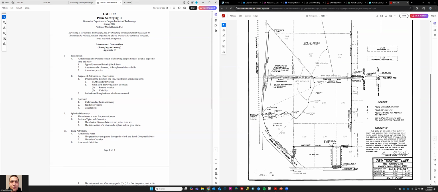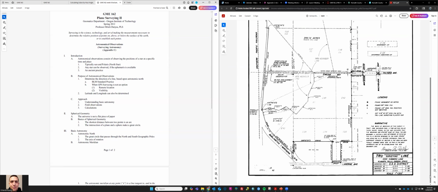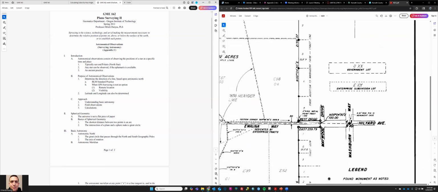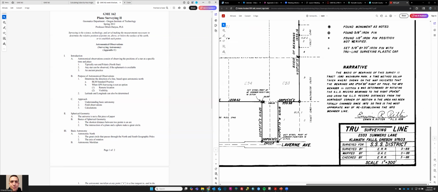So that's exactly one of these ones like this. So if you look at this narrative, this old survey back in March of 1988 says the basis of bearing of the survey is Tract 1080 Washington Park, a time method solar taken where shown on the map, indicated that the bearings are 0 degrees 4 minutes 50 seconds true north.